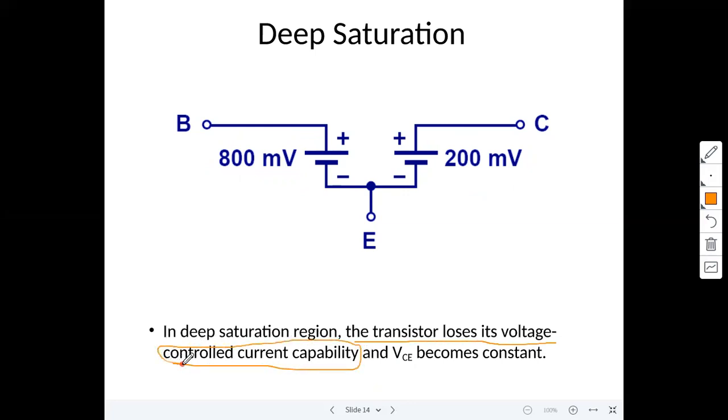The main functionality of a transistor is as a voltage controlled current source. That property does not exist in deep saturation region. Observe this sentence: the transistor loses its voltage controlled current capability and VCE becomes constant.